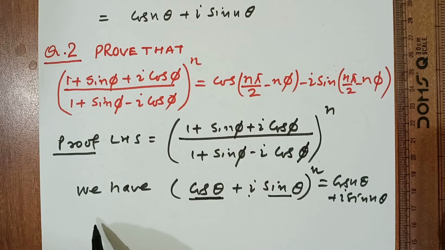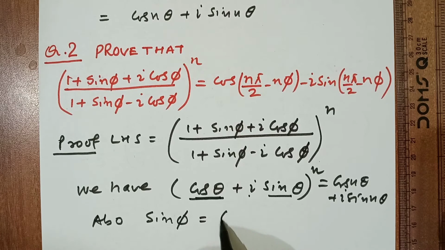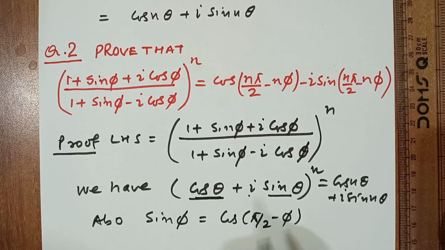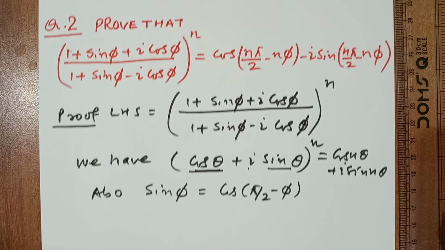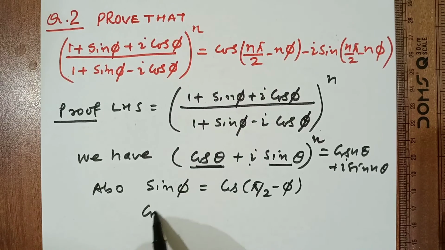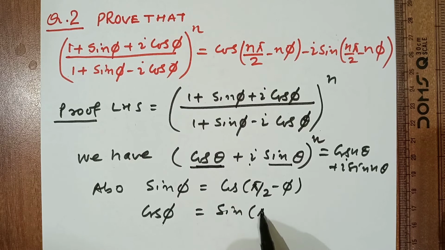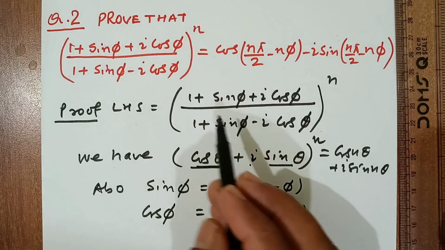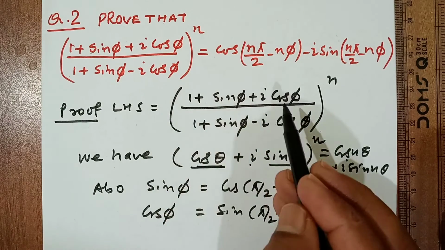So we have sin phi is equal to cos(pi by 2 minus phi), and cos phi is equal to sin(pi by 2 minus phi). It means this will reduce to De Moivre's form.